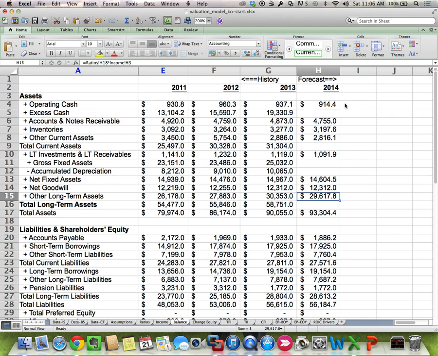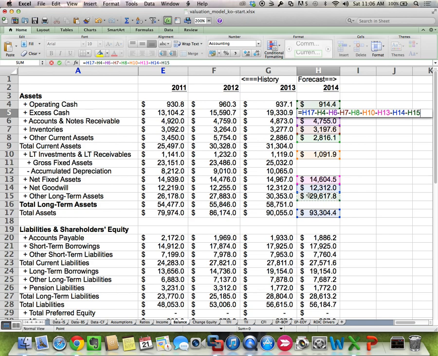So now we're ready to finish up our balance sheet. Excess cash equals total assets minus everything else. So total assets minus operating cash minus accounts receivable minus inventory minus other current assets minus long-term investments minus net fixed assets minus net goodwill minus other long-term assets.